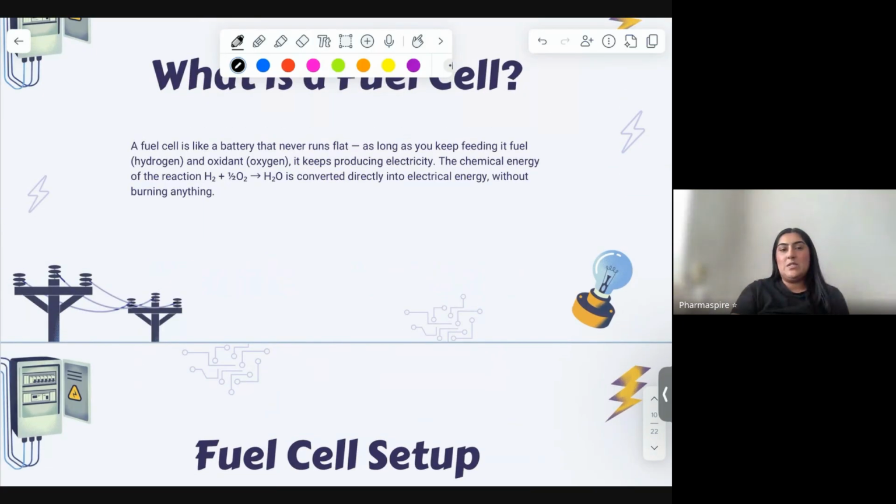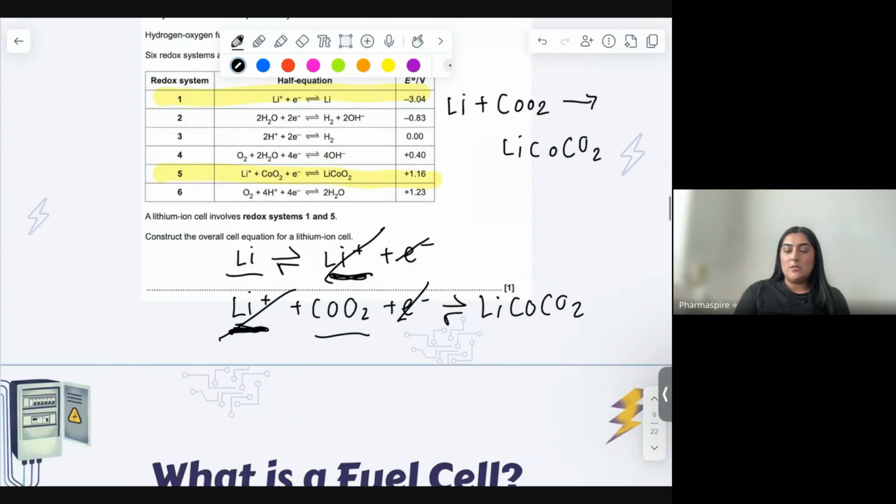Okay, I will whiz through this. Fuel cells are the ones that everyone gets confused with. From what I've generally seen, they like to ask alkaline fuel cells more. You can't write it the other way around because it wouldn't make sense.